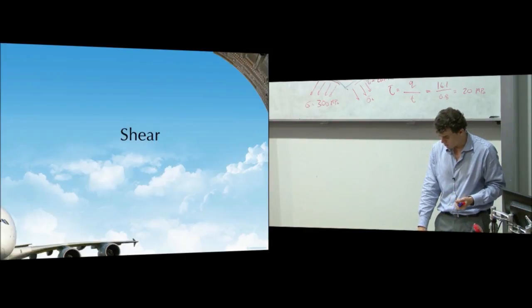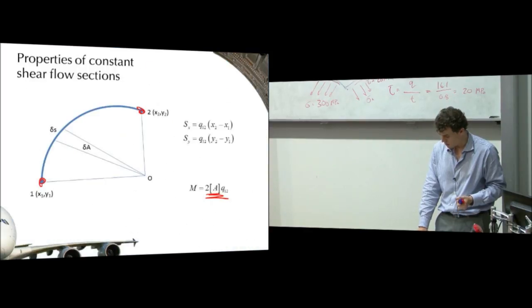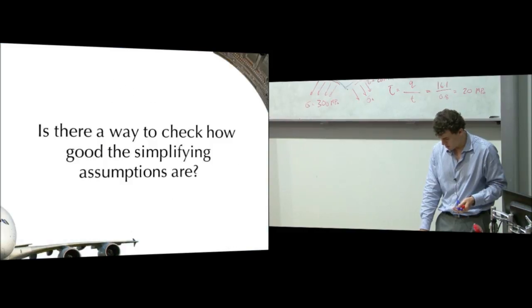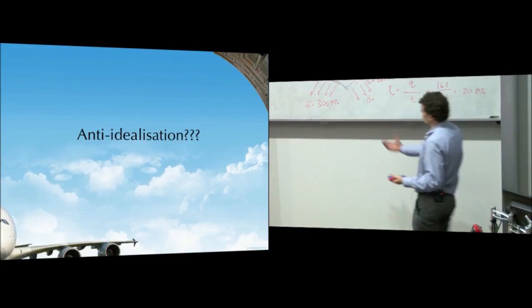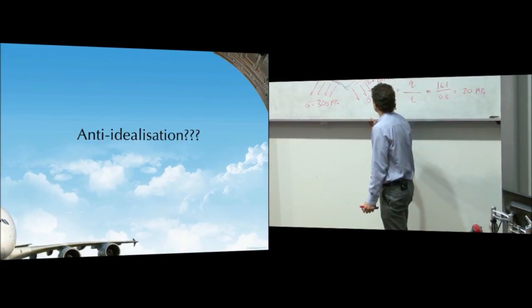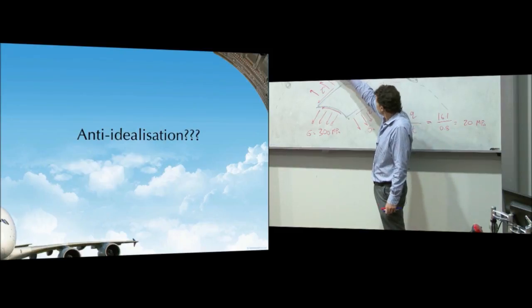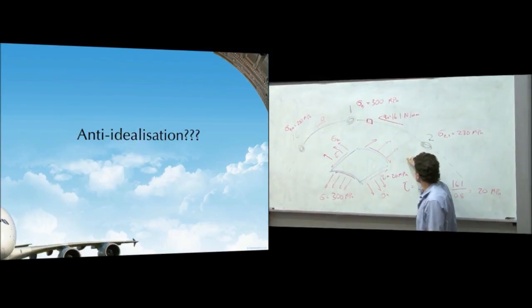One last thing I want to introduce before we all leave is just a concept. I won't do any calculations. We've made a lot of assumptions to get to this point. If we wanted to pick a position in this panel, we know the stress here is 300 megapascals and the stress here is 200 megapascals.